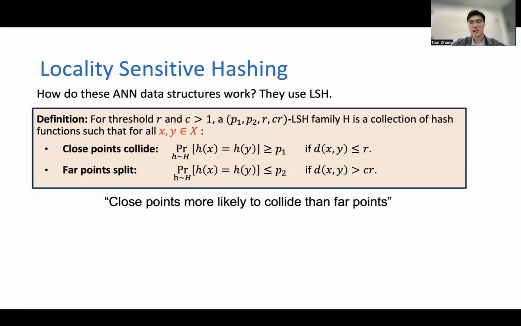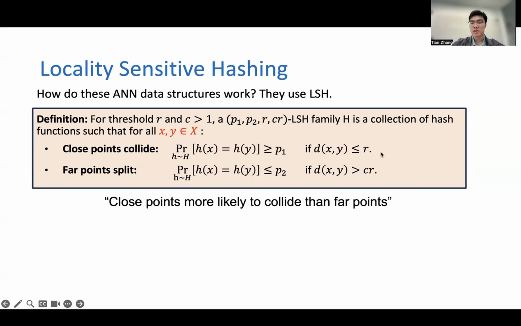So how did they construct the ANN data structure for L1? Well, they introduced this framework of locality-sensitive hashing, LSH. So it's basically a hashing scheme which satisfies the following property for any 2 points in the given metric space.